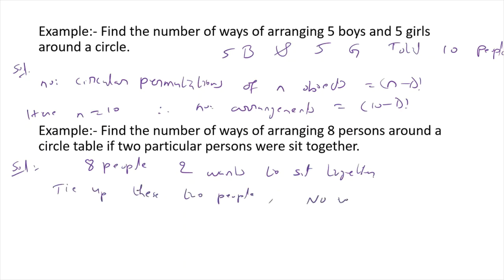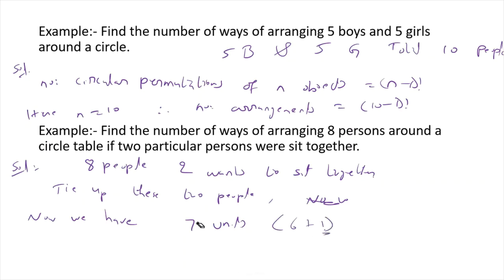Now we have 7 units. In general we have 8 people, but here we have only 7 units. In these 7 units we have 6 individuals and 1 unit consisting of 2 people.